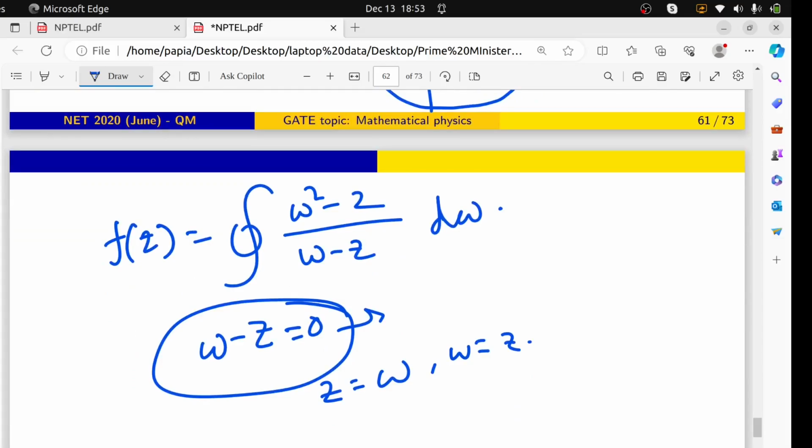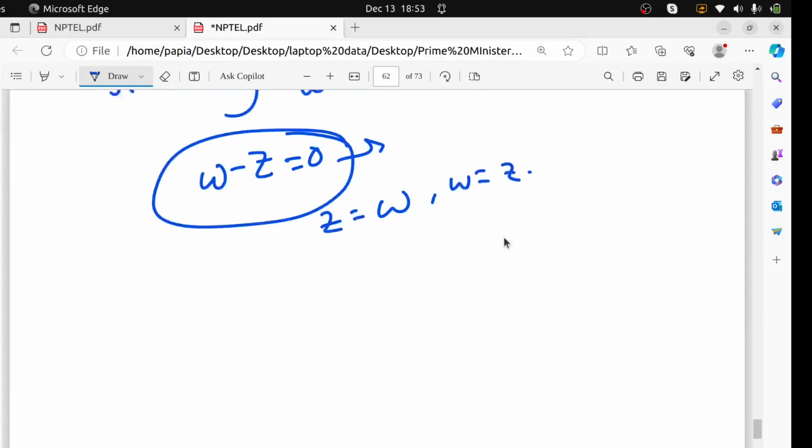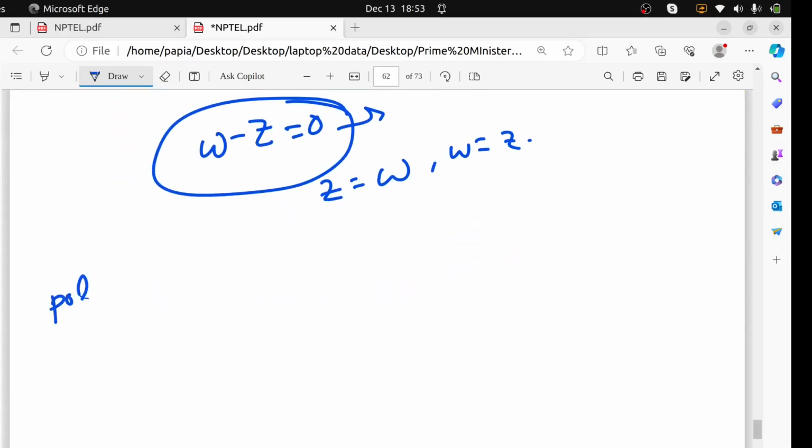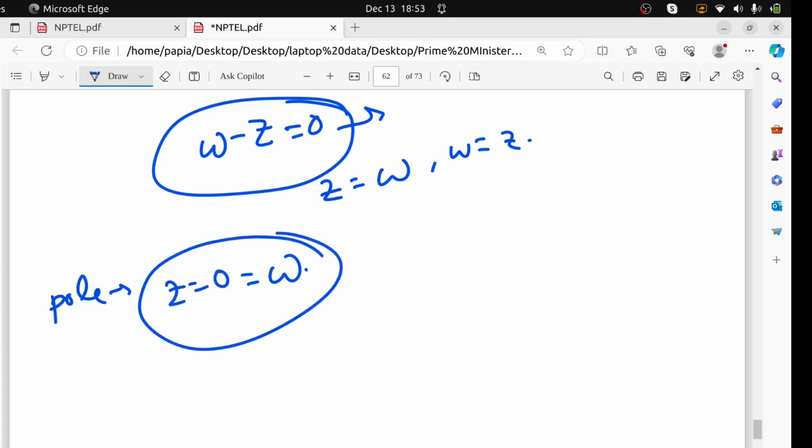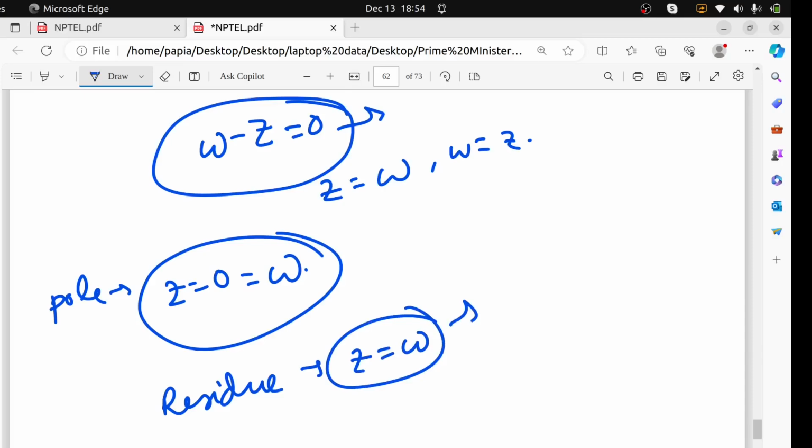So now our pole is at z equals 0 or w, because w and z are same here. So now at that point, what will be the residue? At z equals w, something is there.